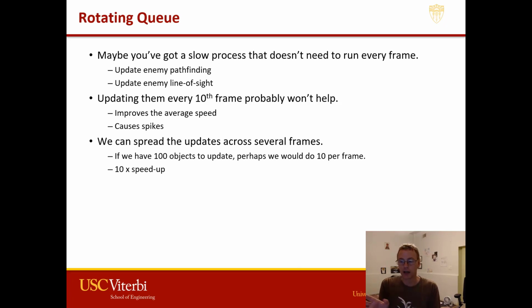So we'll have 10 in the first frame, 10 in the second frame, 10 in the third frame. And when we're done with that last group, we cycle back to the first group again and update them. So it may take as long as 10 frames to get through this whole list, but that's still a third of a second. And probably no one's going to notice.